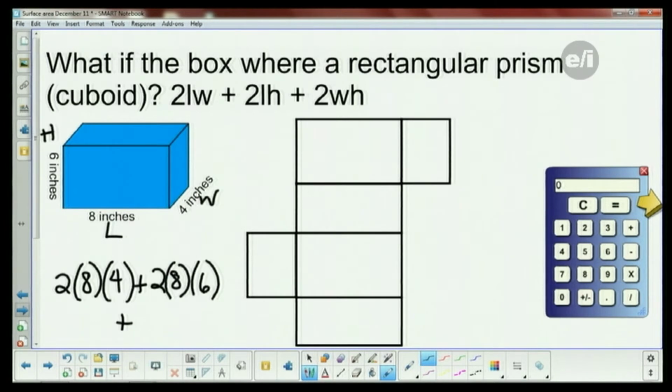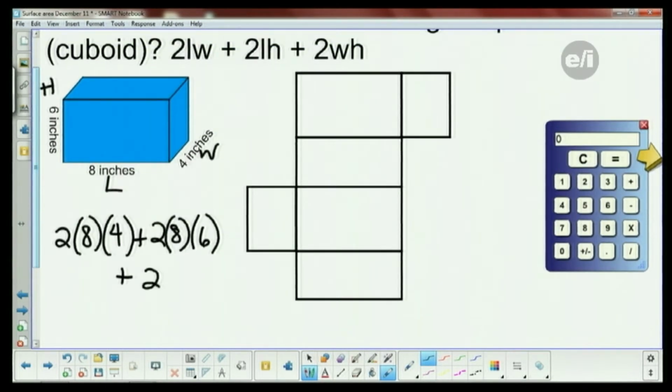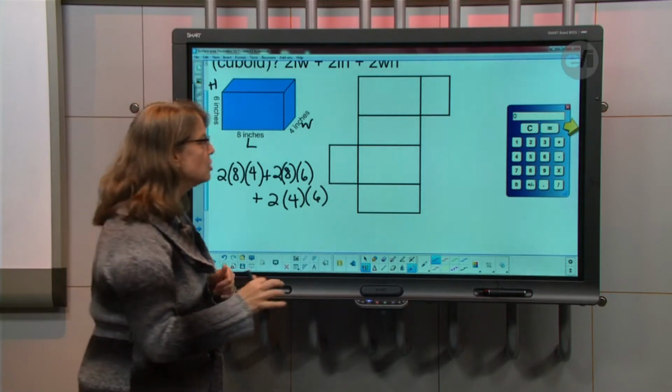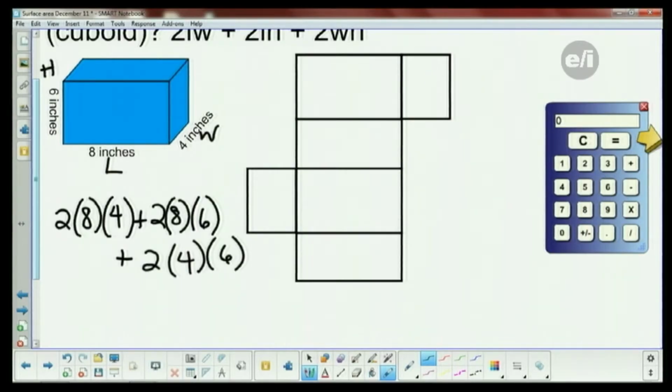And then I have to write it down here, scroll it over so I don't go over my thing. And it's 2 times 4 times 6 as well. If you do this on the calculator, you can very easily just come over here, and I'm going to put the pen down so it doesn't mark: 2 times 8 times 4. Then we're going to add 2 times 8 times 6.